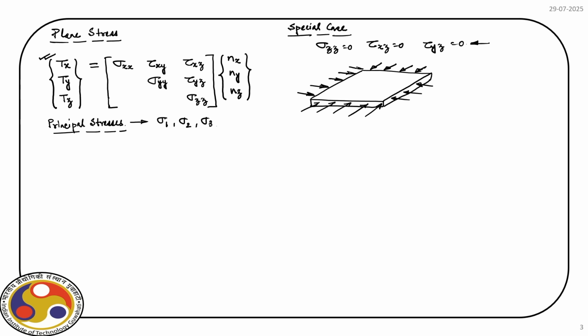You have seen bridges where very often we use plates. So, steel plates having in plane loading is an example where we have all stress components along z direction as 0.